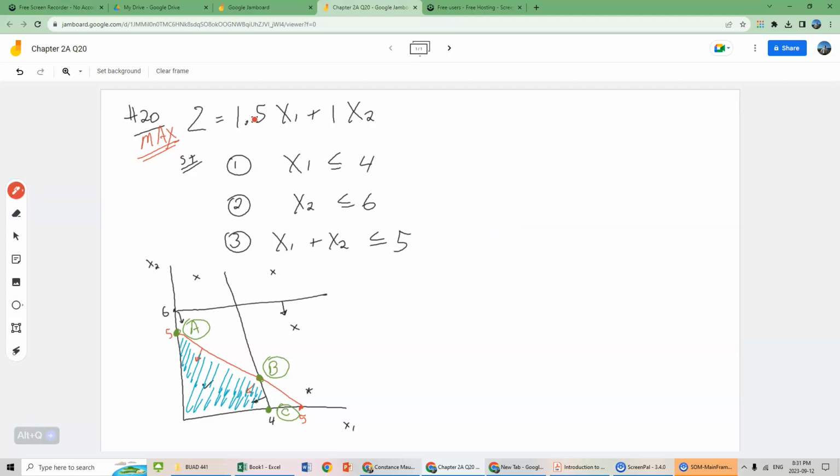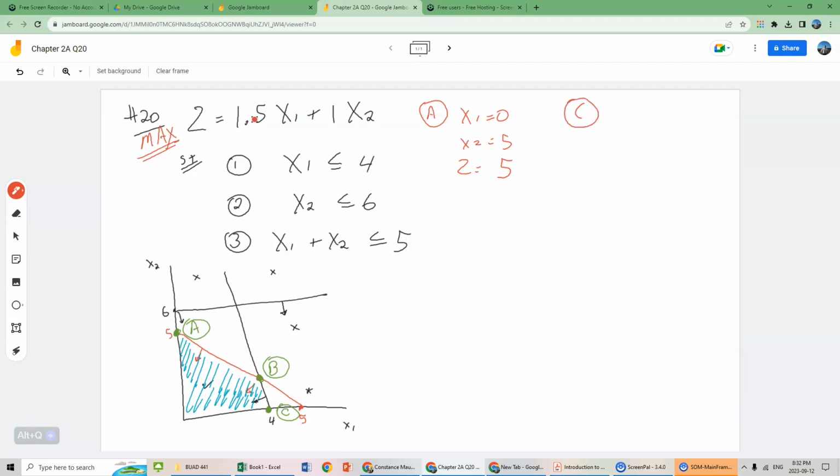And let's go with red. For point A, we know that x1 equals 0 and x2 equals 5. So z here would be 1.5 times 0, which is 0, plus 1 times x2. So z is 5.